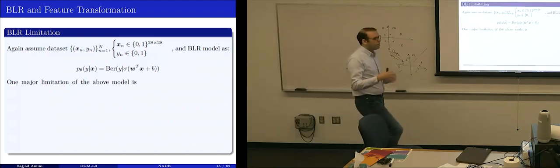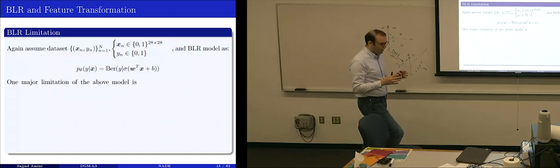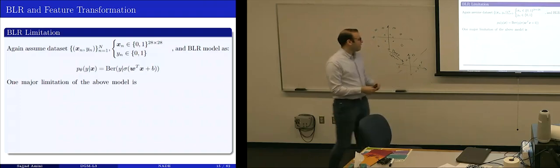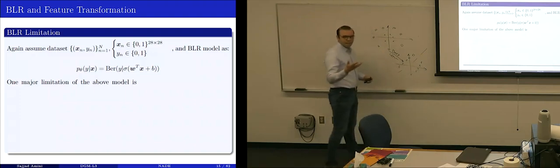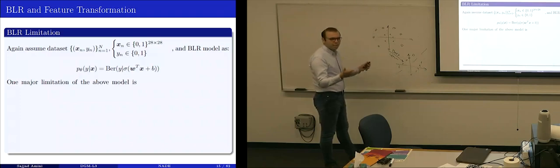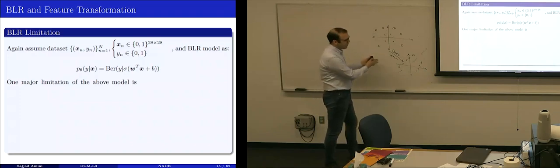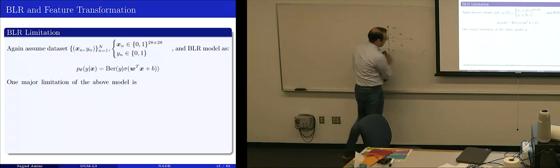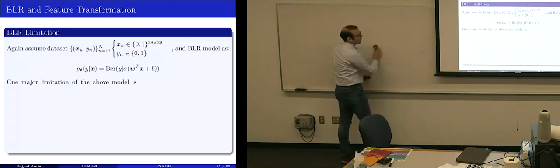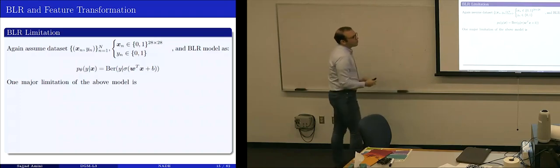Fully visible sigmoid belief networks assume that by using an affine transformation and going through a sigmoid or softmax, you can generate the probability. Now assume that the connection is not as simple as we think. So we can extend our model this way. Let me check what we have in this slide.